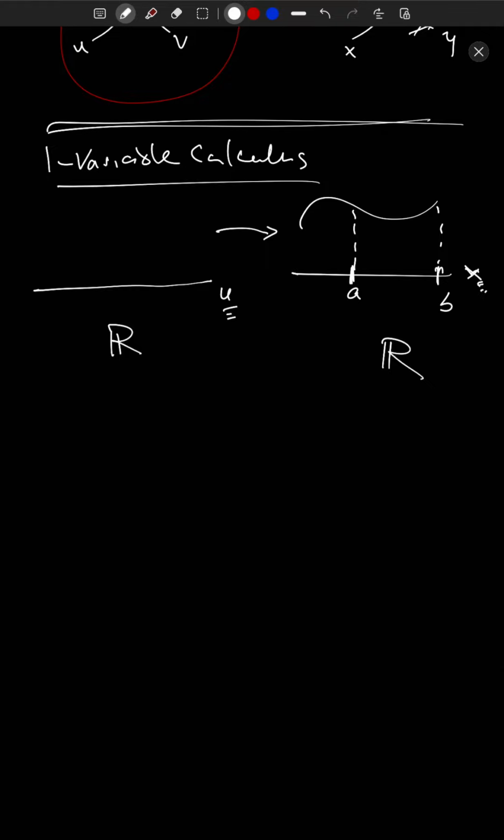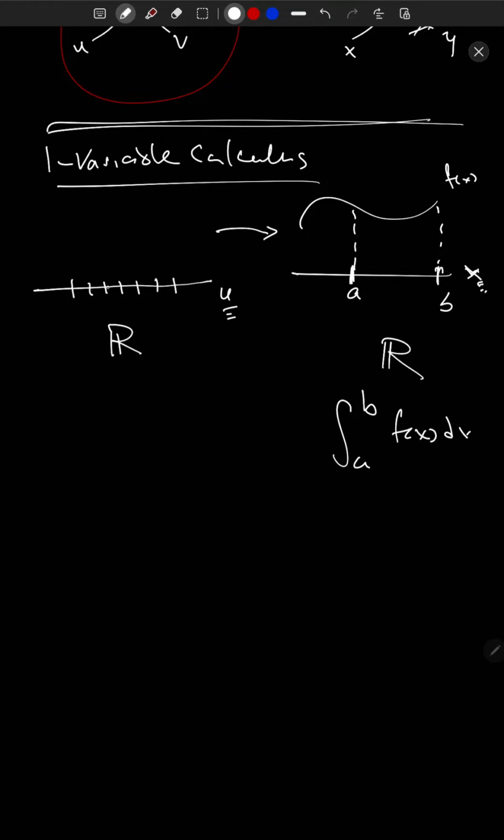Okay, so how do we actually do this? Well, the idea is if we want to integrate, let me say this is f of x, we want to do the integral from a to b of f of x dx. One way to think of this is, if we have this transformation or mapping, let's say this guy goes to a and this guy goes to b, and let's chop this guy up into equal spaced segments.